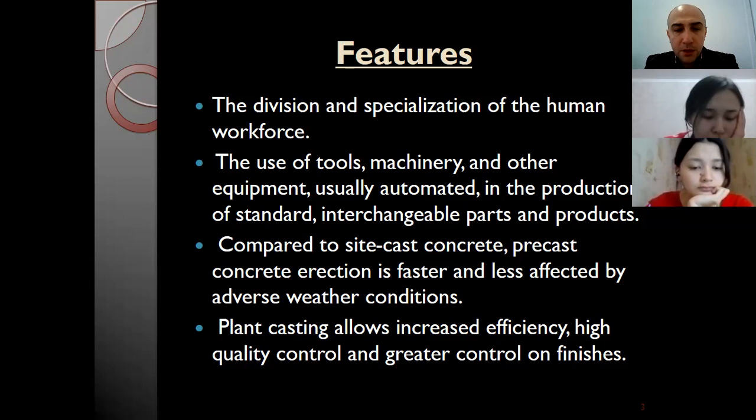Traditional construction methods require extra materials, which leads to an increase in the amount of waste after the finishing of the construction.